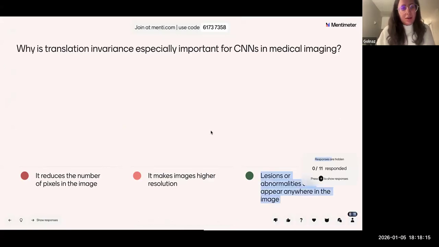So the question is, why is translation invariance especially important for CNN in medical imaging?